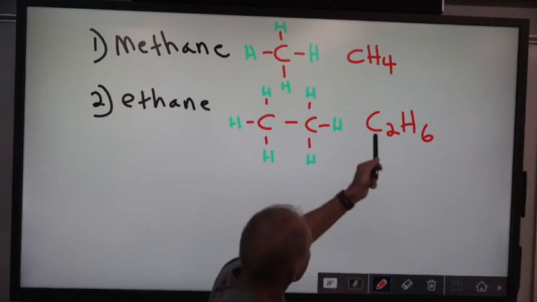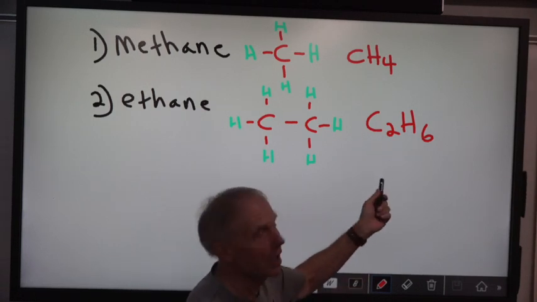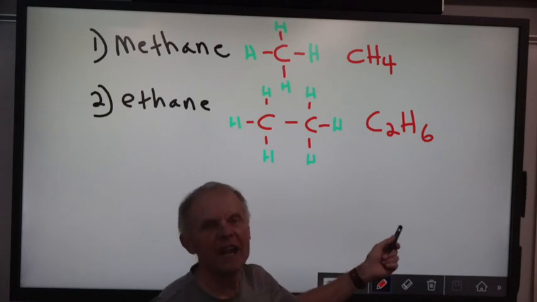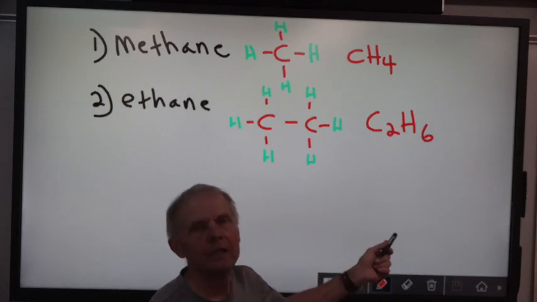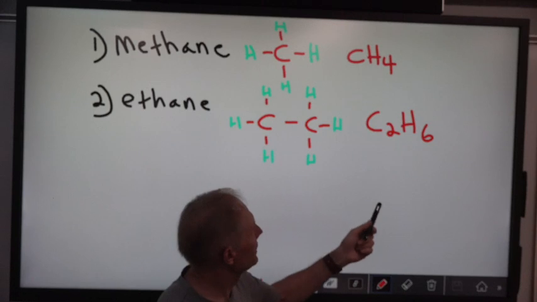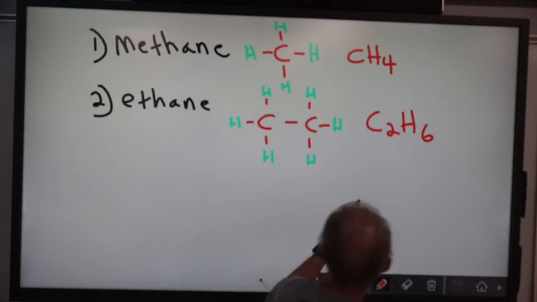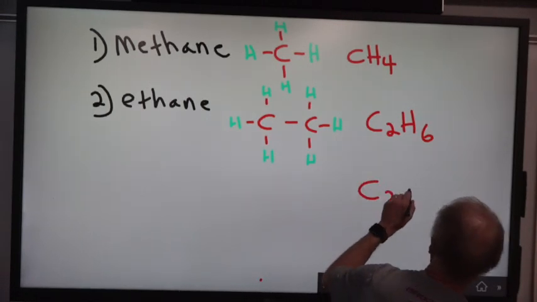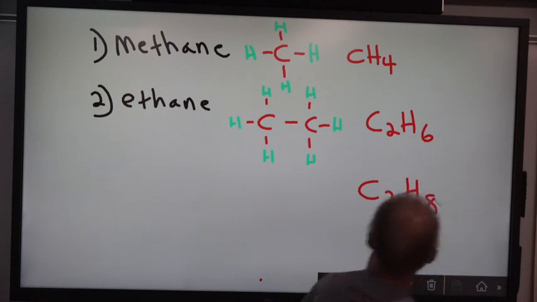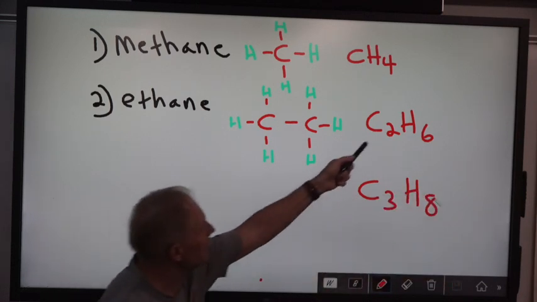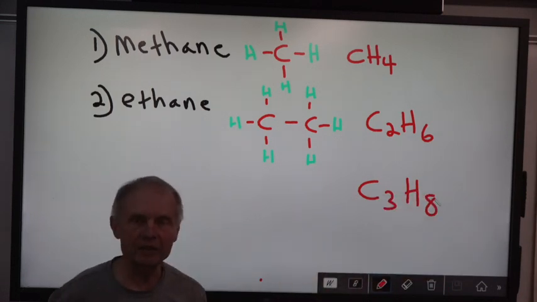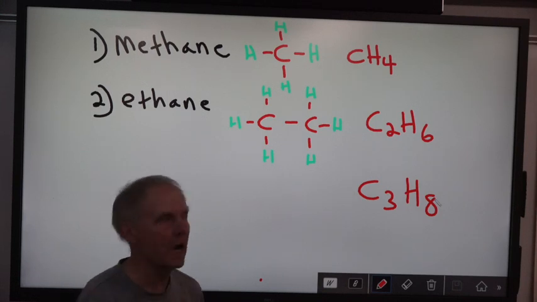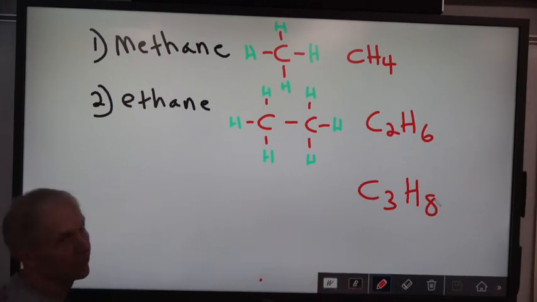Let's add 1 carbon and 2 hydrogens to C2H6. So the next one down, its molecular formula must be C3H8, because each member differs from the next member by 1 carbon and 2 hydrogens. So let's go backwards and build this.